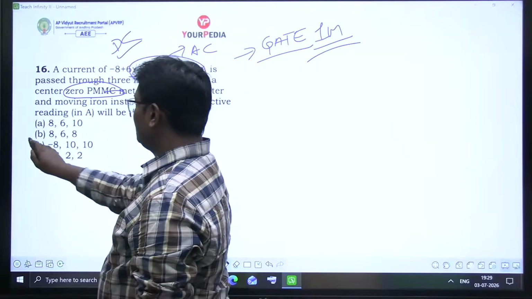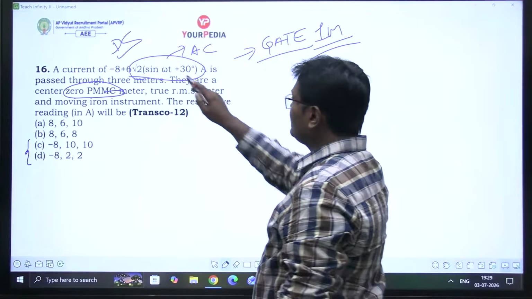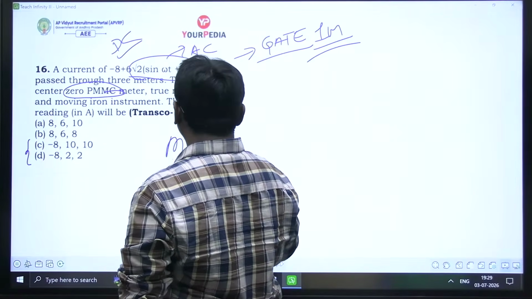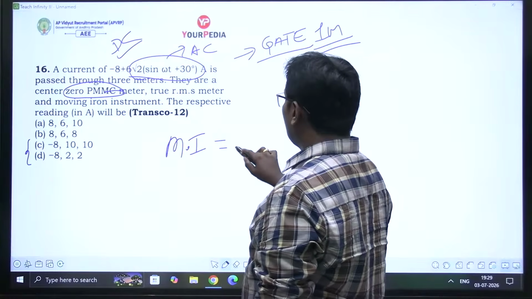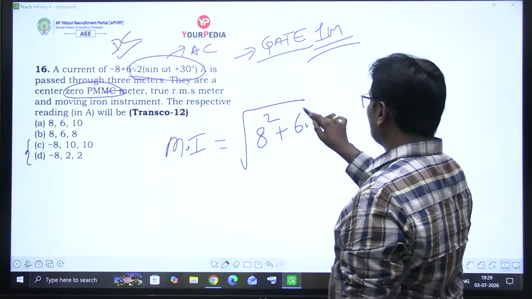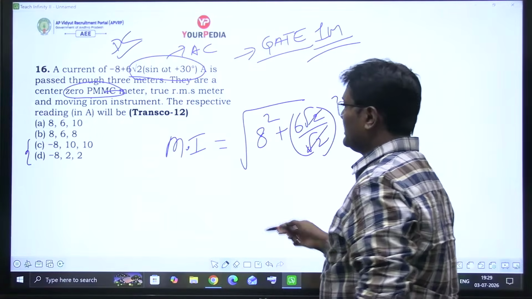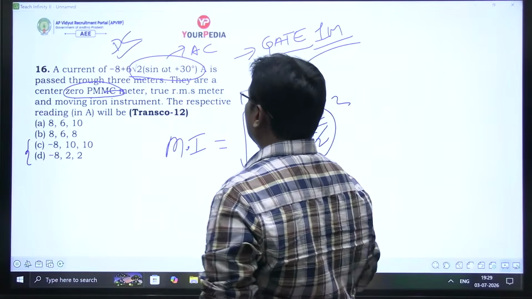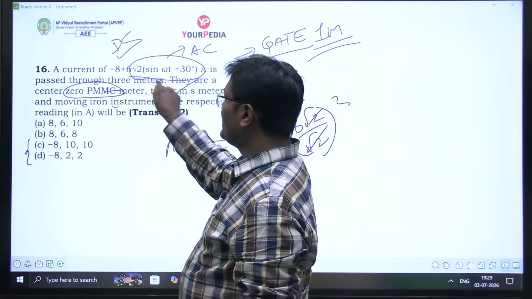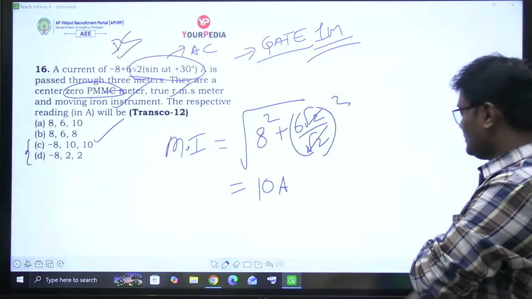So 8 means either C or D. But if this current is given to the moving iron instrument, it reads the square root of DC squared plus (Imax by root 2) whole squared, which should be equal to 10 amperes. The true RMS meter is also 10 amperes, and the moving iron instrument is also 10 amperes. The option C is correct.